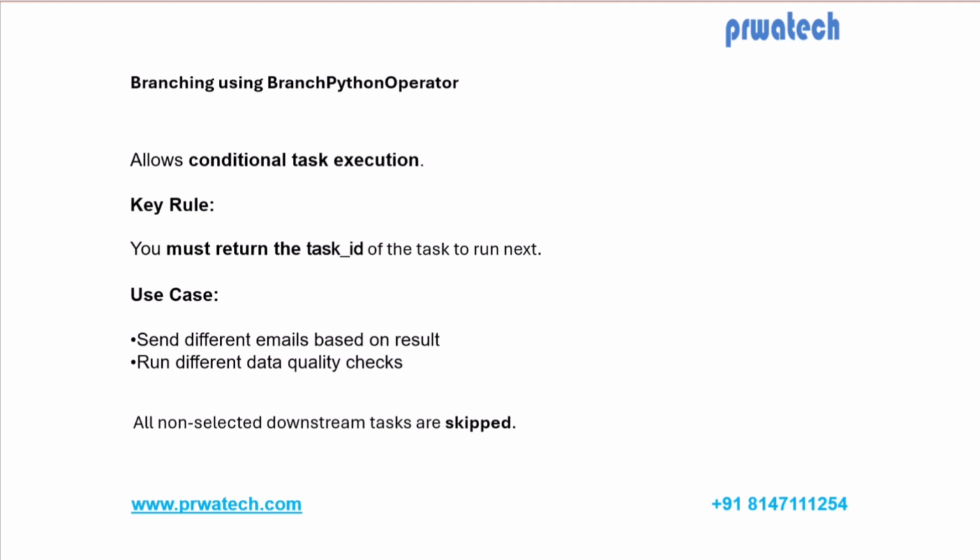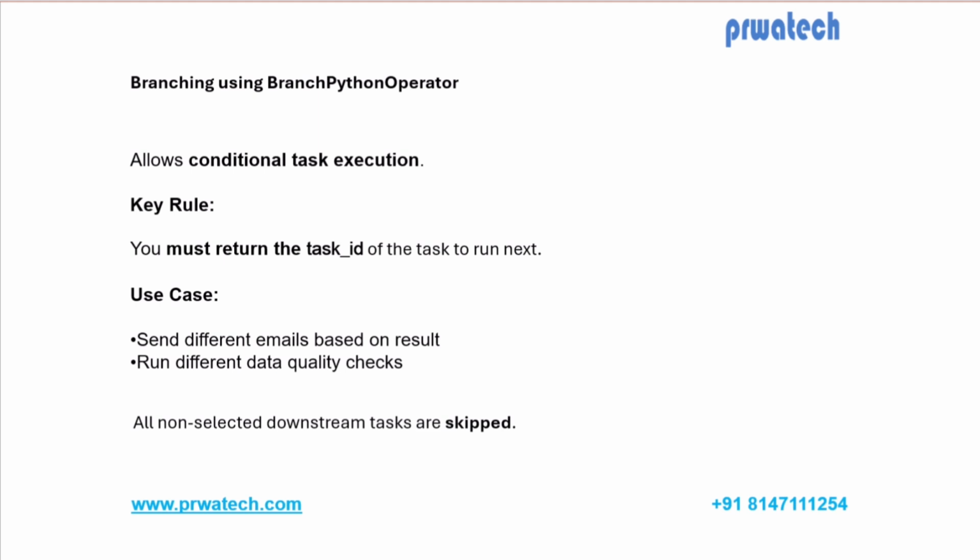The important thing to know is that branching skips all non-selected downstream tasks, so only the selected downstream tasks run. You can use a join task with a trigger rule to merge paths safely.